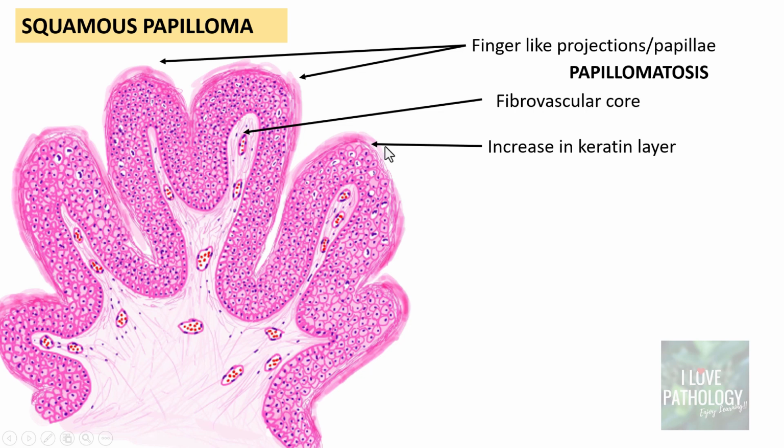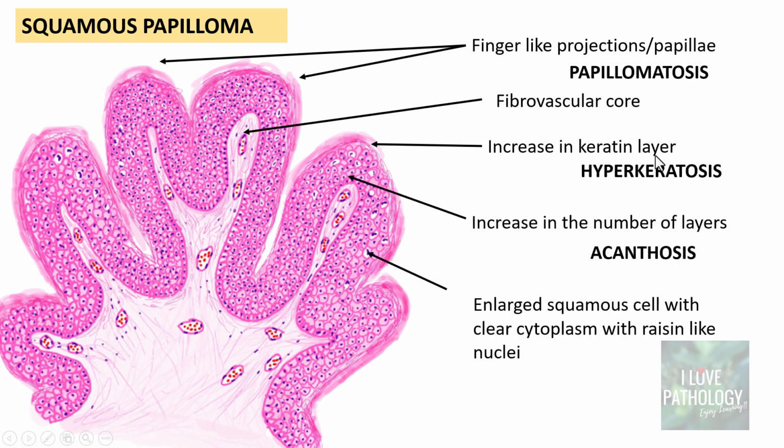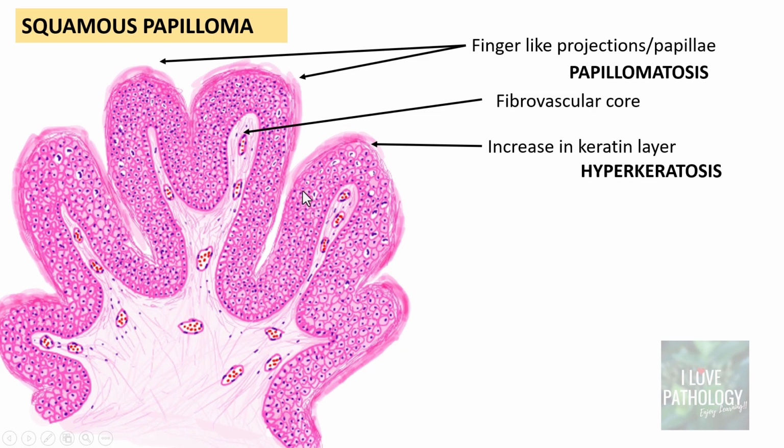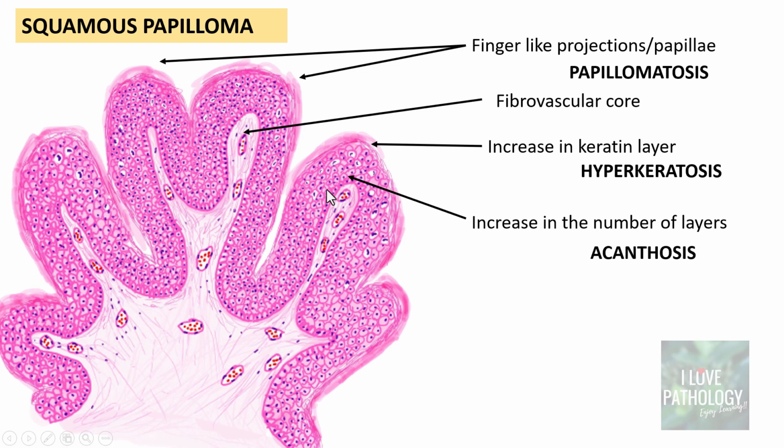The second important thing is that you can see a marked increase in the keratin layer, that is stratum corneum, and that's called hyperkeratosis. The third important one is an increase in the thickness of the epithelium. That means there is an increase in the number of layers, and this is known as acanthosis.